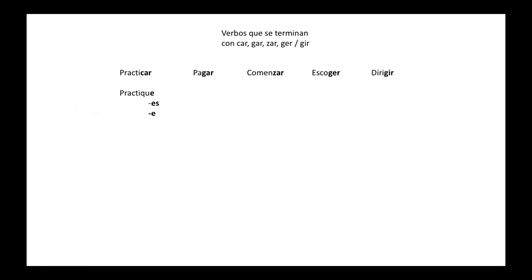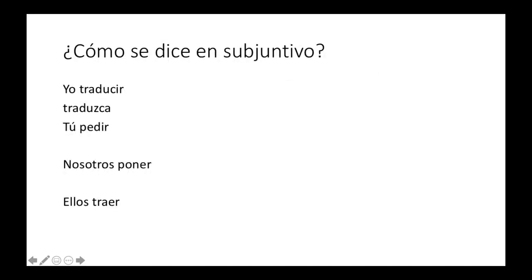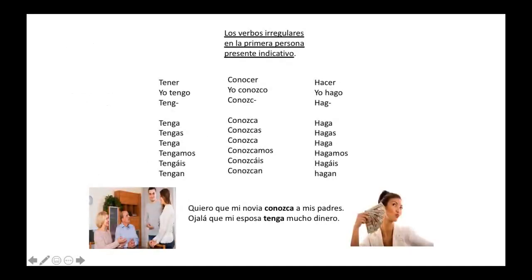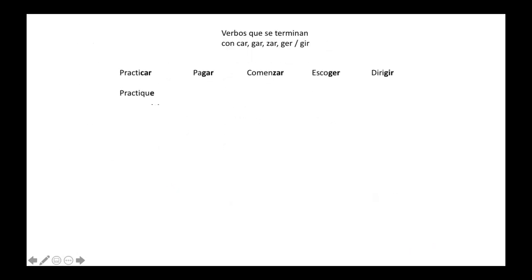Again, I won't go over all of these, but one thing you have to memorize: if it's an AR verb, it's going to be e, es, e, emos, éis, en. For ER and IR verbs, as I showed, it's a, as, a, amos, áis, an. That's a basic rule.